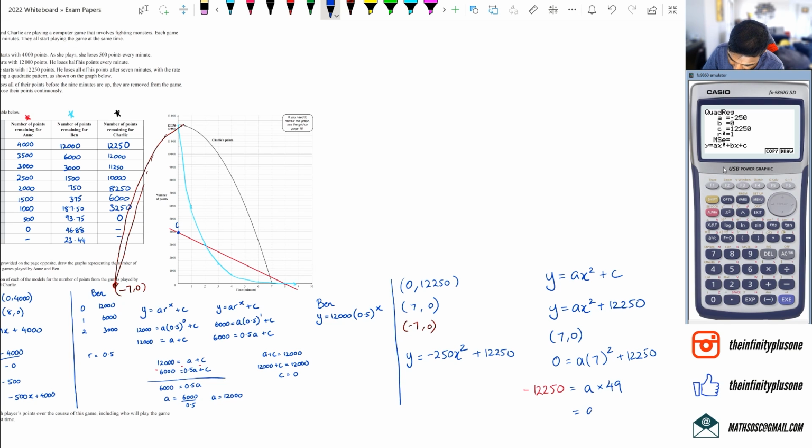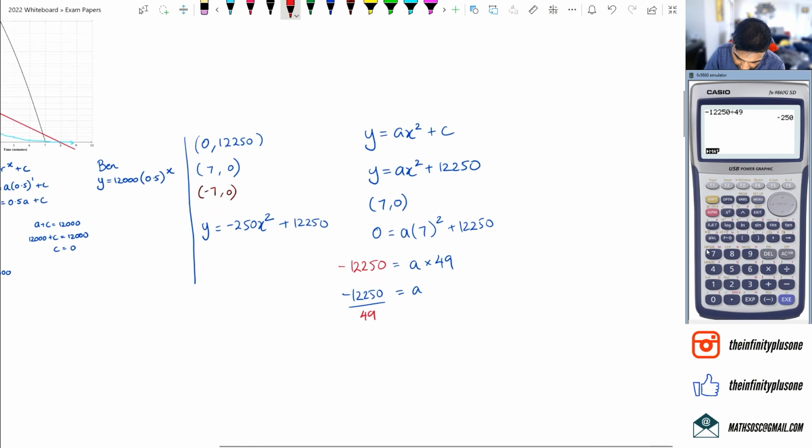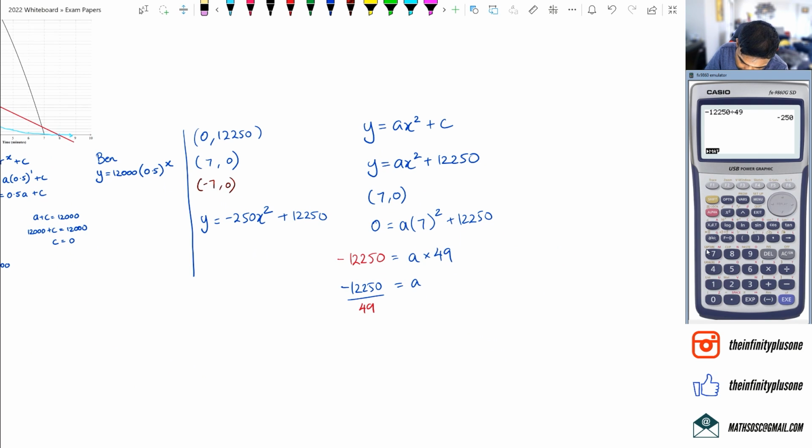And then a is equal to negative 12,250 divided by 49. I'm hoping that we get negative 250. So here we're getting a is equal to negative 250. So we can rewrite this as y is equal to negative 250 x squared plus 12,250.